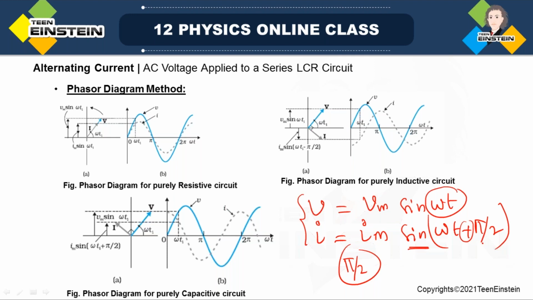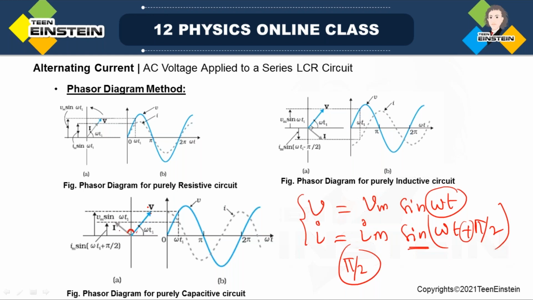So if this is the case, you draw your voltage here and the current here. Look, the angle between this current and the applied voltage is 90 degrees again. So your current is ahead of the voltage in a capacitive circuit. In an inductive circuit, the current lags behind the voltage, and in this case the current leads the voltage.